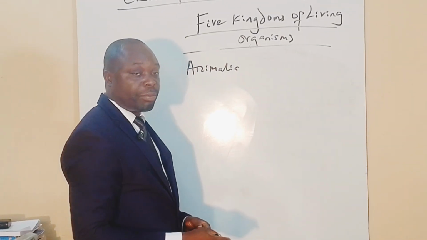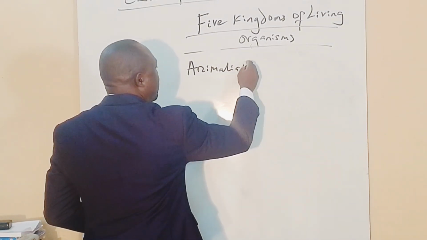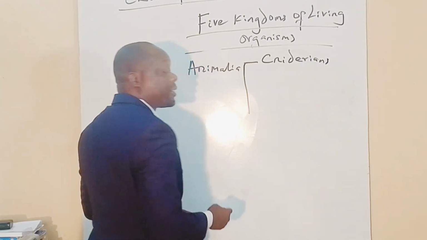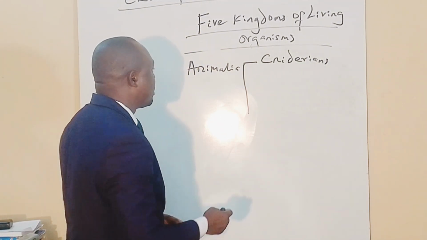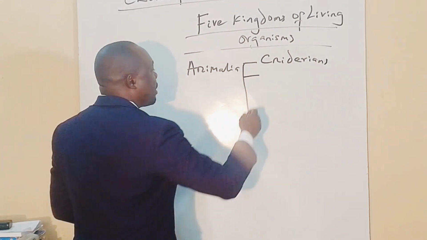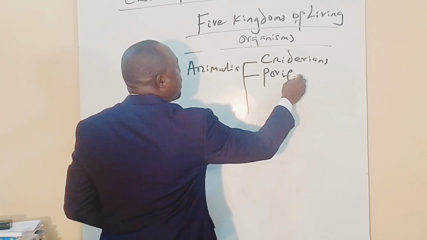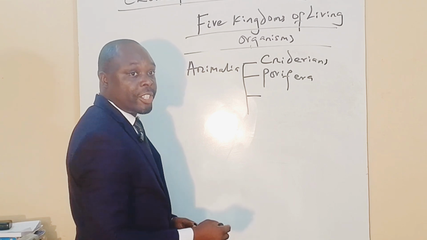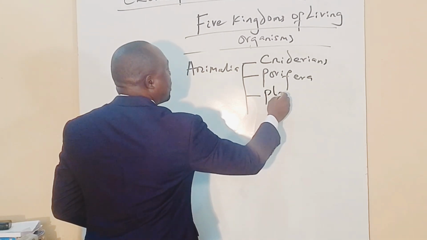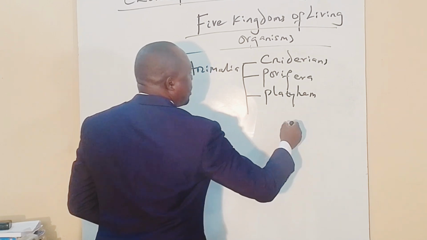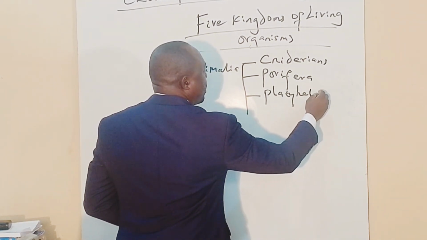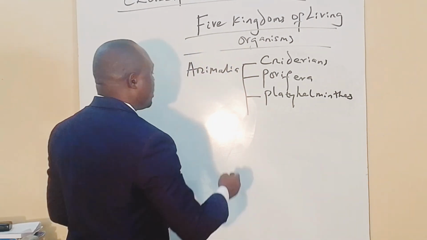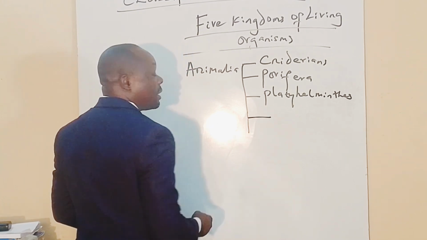Animalia comprises the following: the Cnidarians, the Porifera, the Platyhelminthes, the Nematoda.